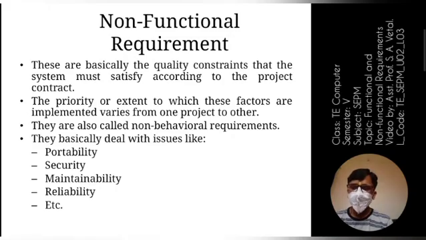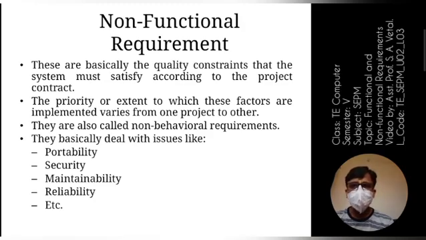Okay, so we discussed the functional requirement and non-functional requirement. The functionalities and features that are provided in our system are the functional requirements, and non-functional requirements are the quality constraints that should be provided in our project.